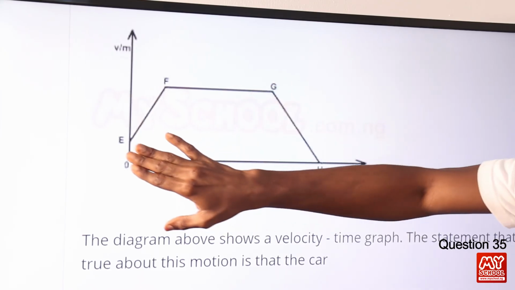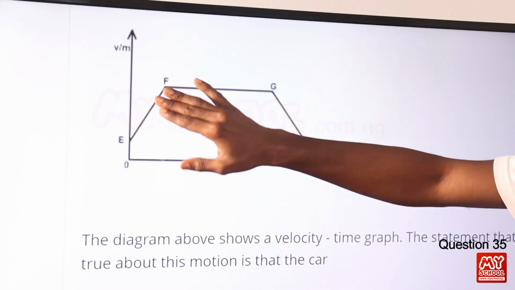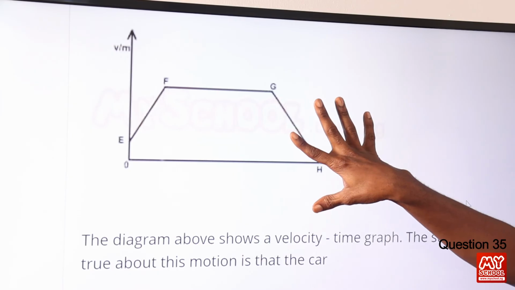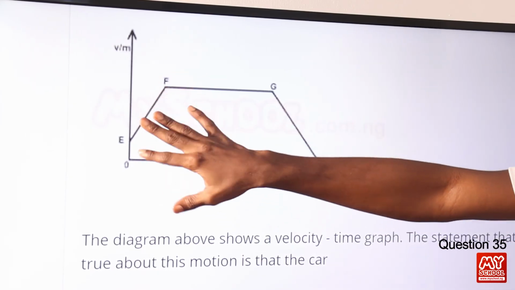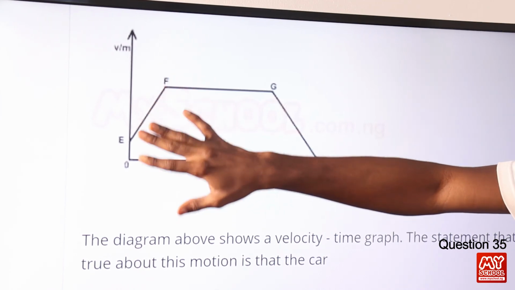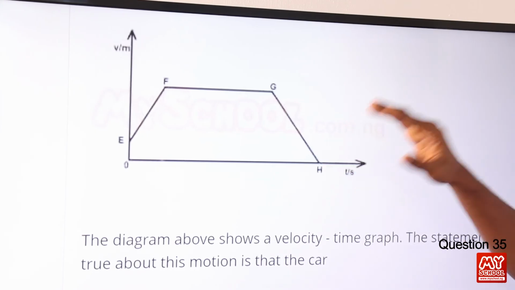So we have accelerating, constant speed, decelerating. Let's just take it that way. Here acceleration is 0, then acceleration carries a negative value, which is deceleration or retardation.